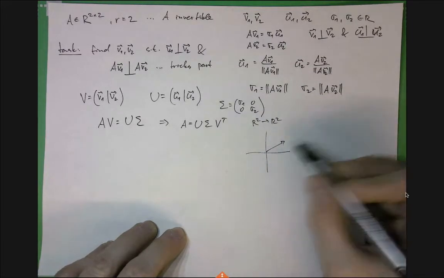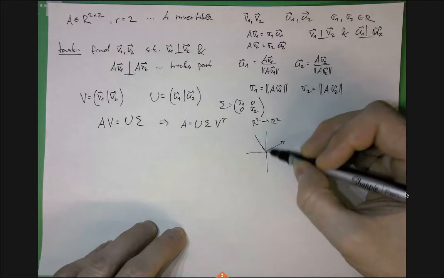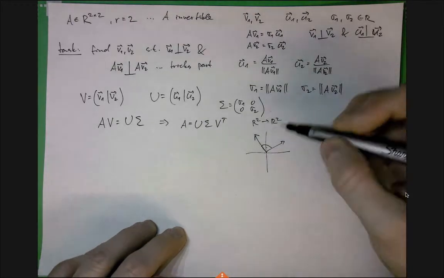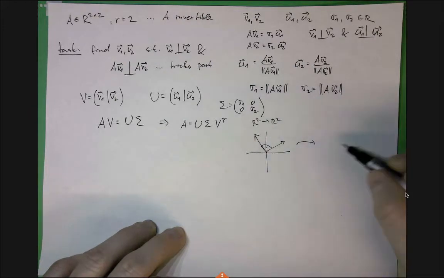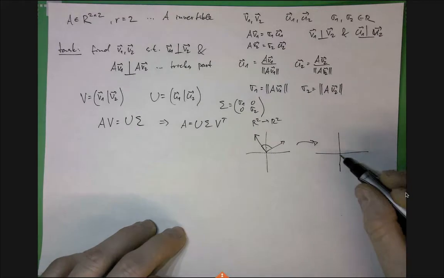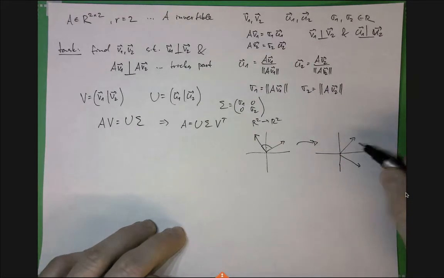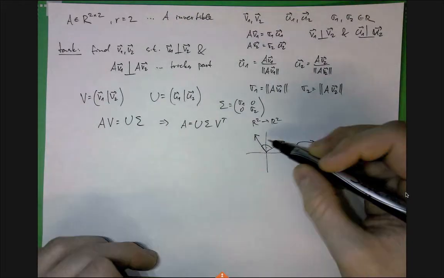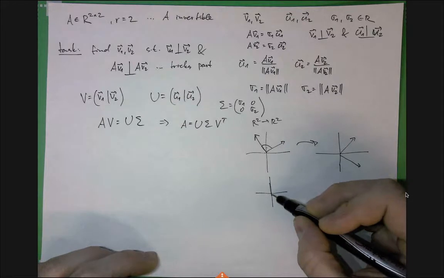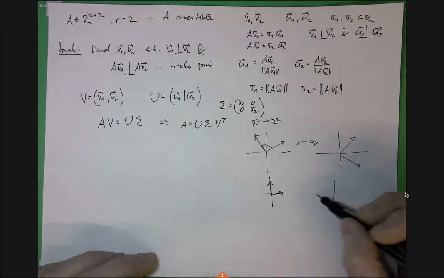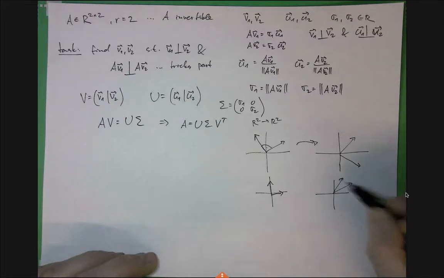So I need to find two vectors which have a 90-degree angle, such that after the mapping by A, let me show it like this, I get two different vectors which are again orthogonal. That's the tricky part, right? I could trivially pick any two orthogonal vectors here. I could just pick these two. That's easy. But then, more likely than not, after the mapping, they would not be orthogonal anymore.